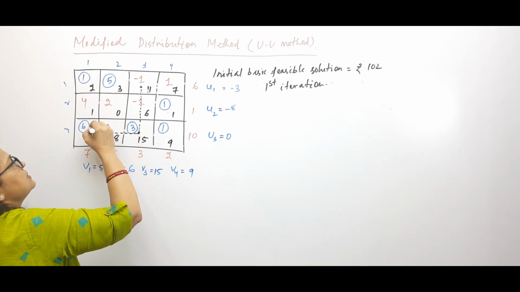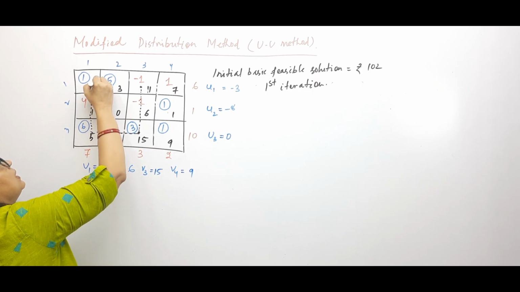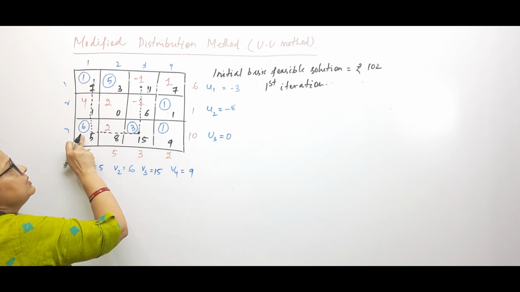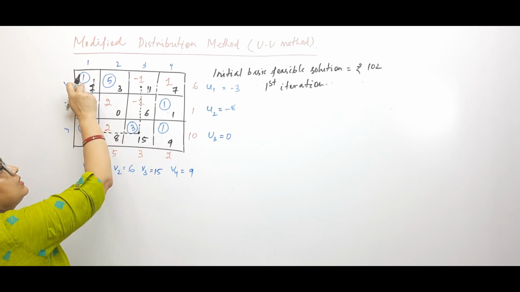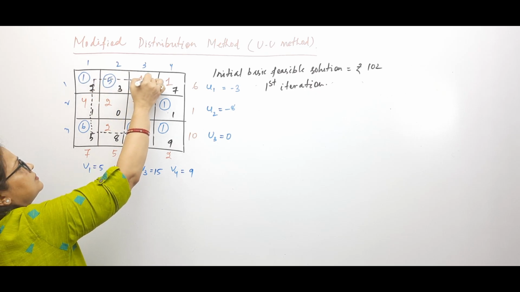Every corner should have one allocation. Here we have an allocation, here an allocation, here one allocation. So now we can proceed like this.